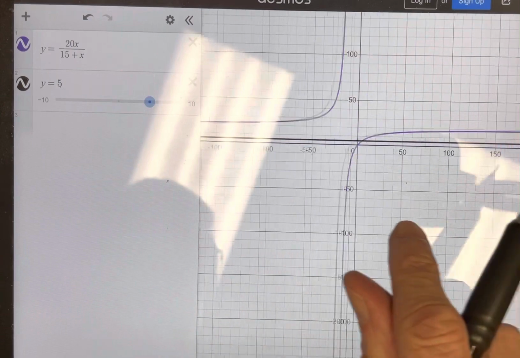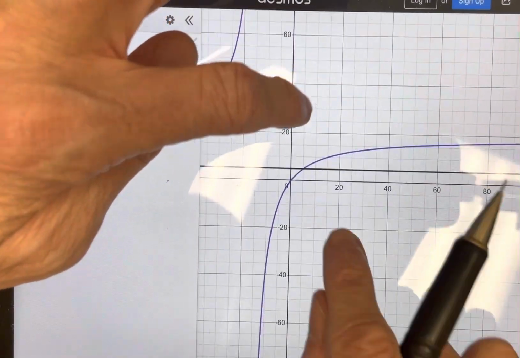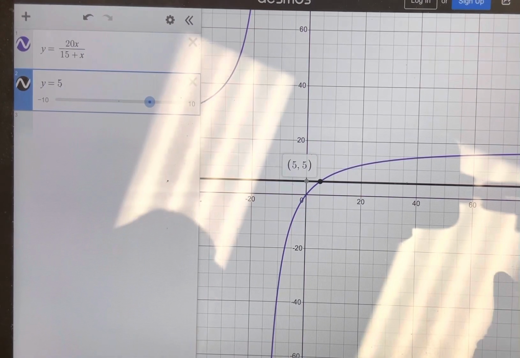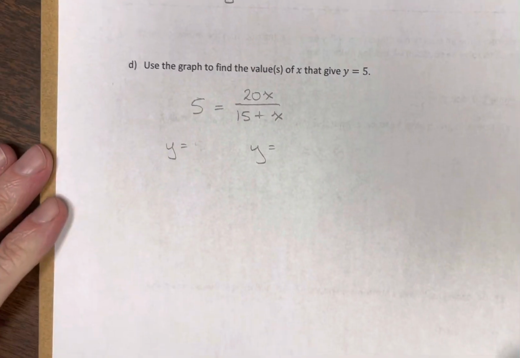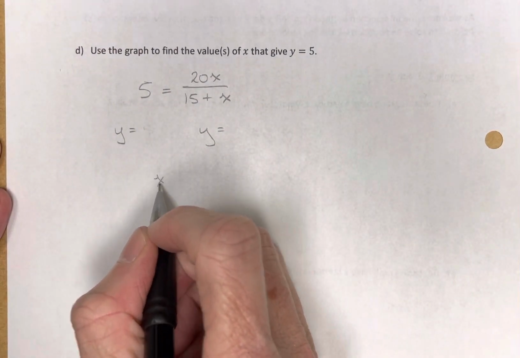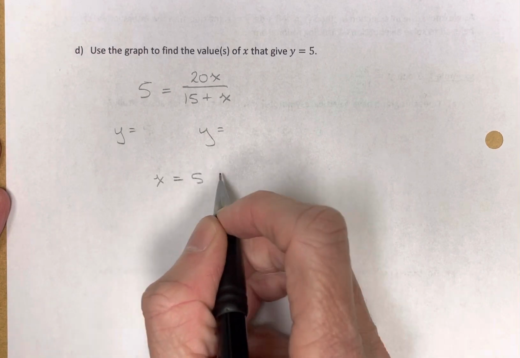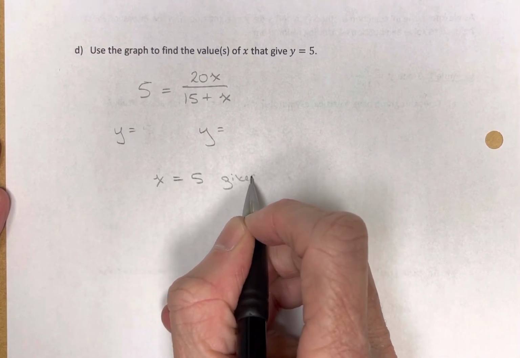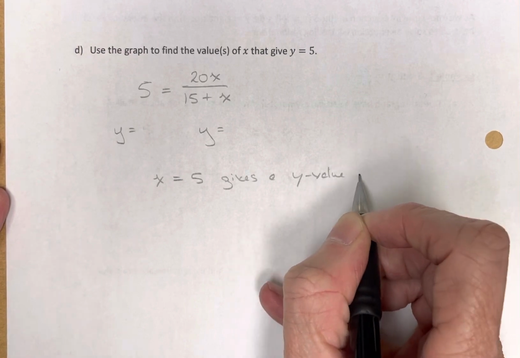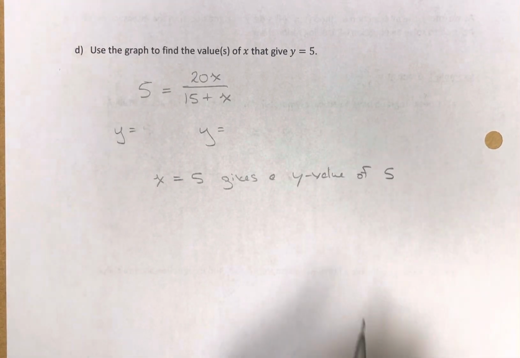So we only have one x value that gives a y value of 5, and that's the x value of 5. So I'll come back over here, and we use the intersection method to determine that x equals 5 gives a y value of 5. So there you have it.